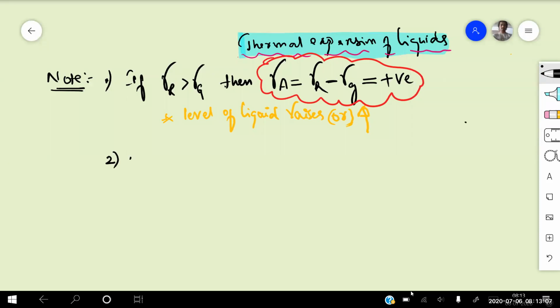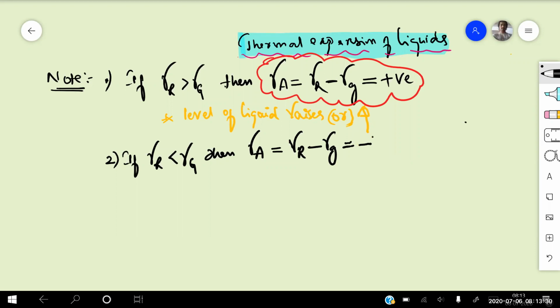Second point. If gamma real is lesser than gamma of your glass, beta, then what happens? Gamma apparent is equal to... can anyone tell me what will be the relation? Gamma r minus gamma g will be negative.